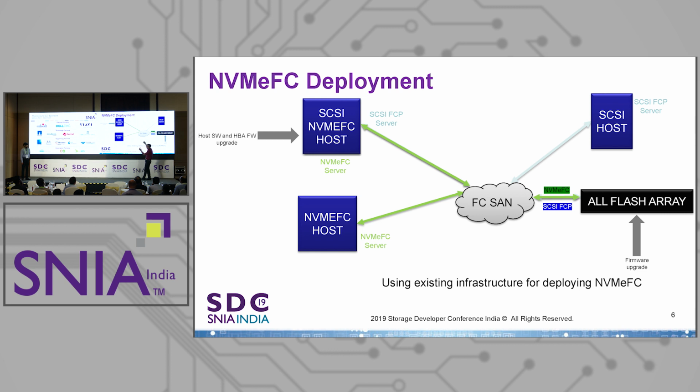Now what we can do as an improvement is, suppose we add a new WWPN, which is an NPIV port, right? So when we talk about this NPIV port, a new logical connection will be established, and SCSI and NVMe will not interfere with each other. So this is also an improvement that the admin can do. So this was how easy the NVMe-FC deployment is. Now let's move to the previous slide.